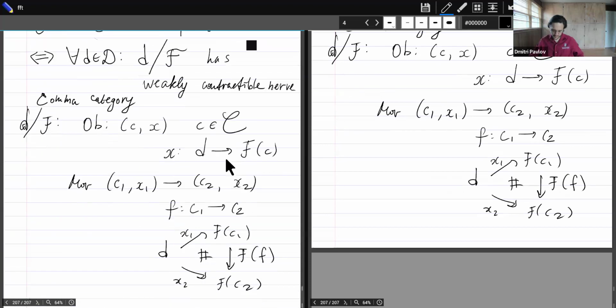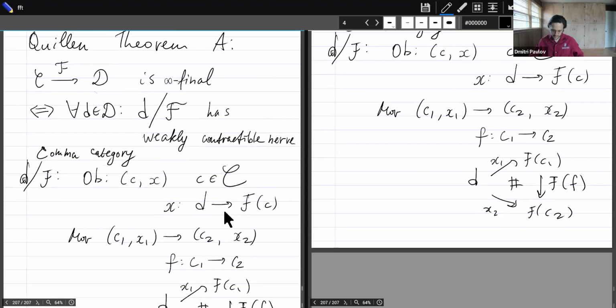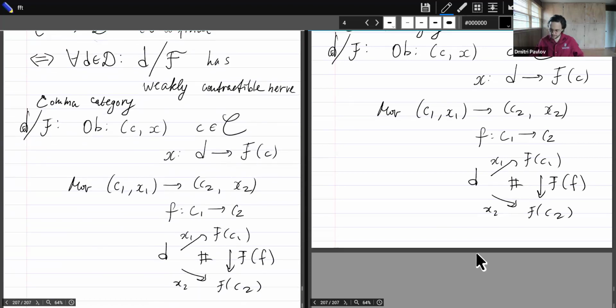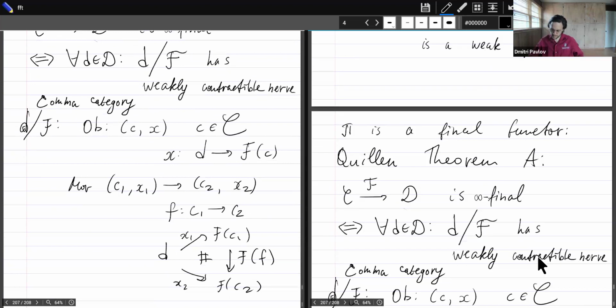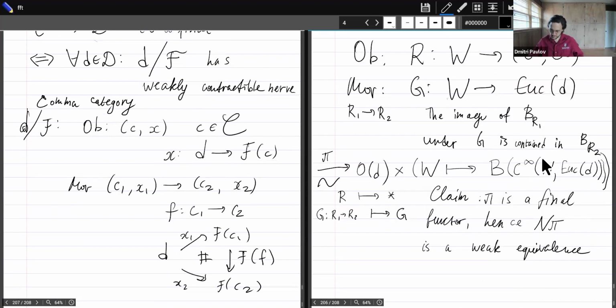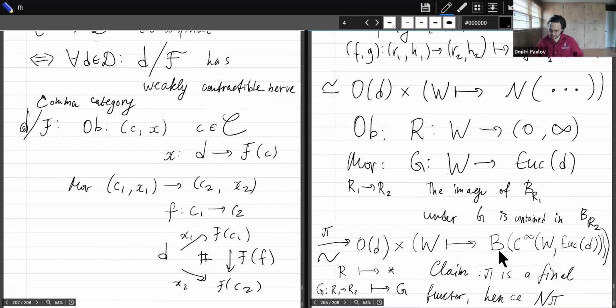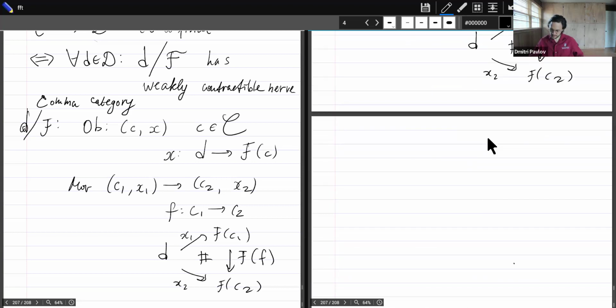So let's keep this criterion for finality here, and let's compute the comma category of this functor. Now let me concentrate on the part that matters, which is this part and this part. So I have a functor that sends R to the only object here. And it sends G, a morphism from R1 to R2, to itself.